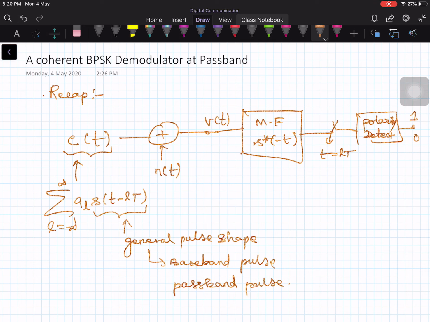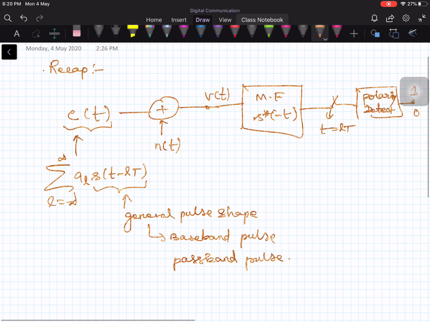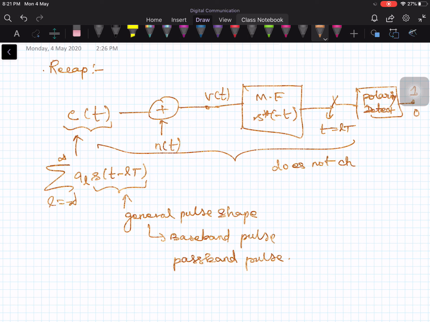There are certain issues that we need to discuss here. It is important because when we are discussing passband pulses, a lot of other issues will come up, and I would like to at least pinpoint some of them. So what is the reason we move on to the passband pulses? The basic structure does not change. See, this is my basic structure. It will not change, and the process also will not change.